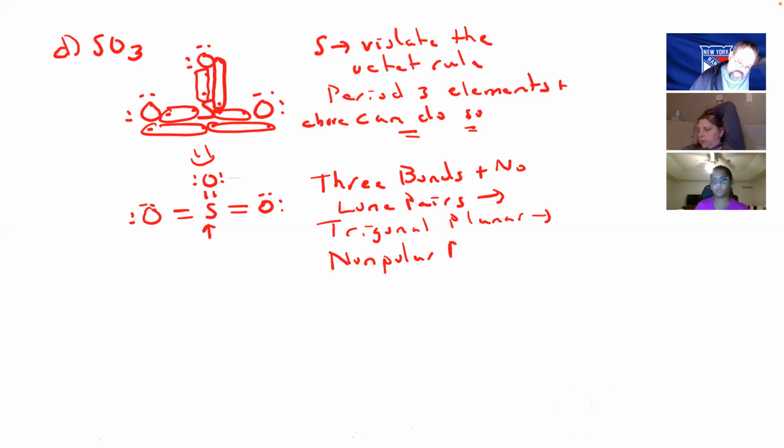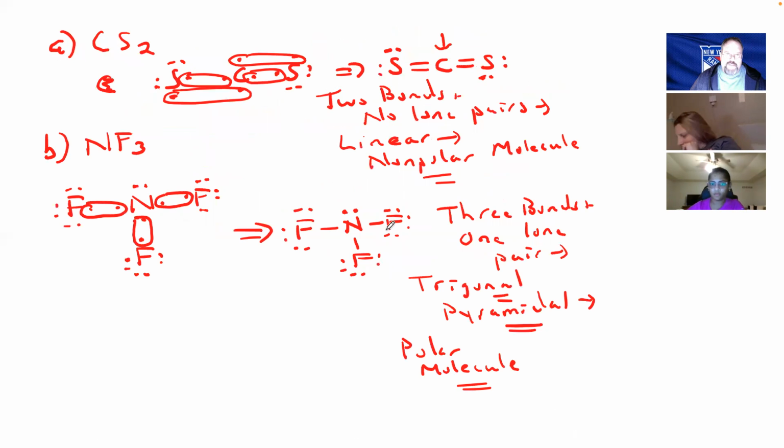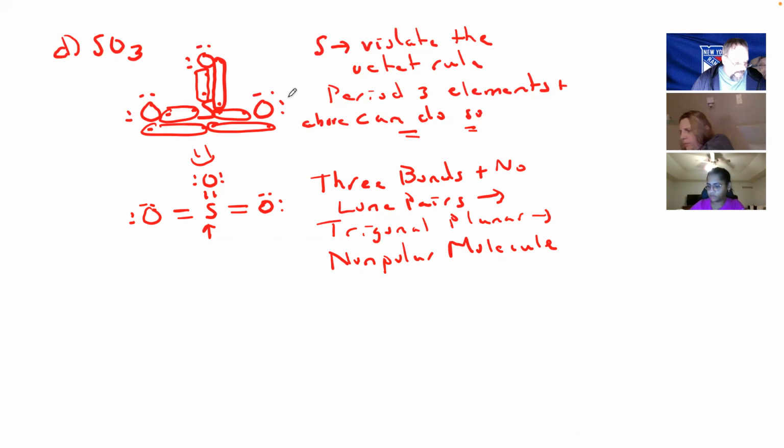You're dealing with a non-polar molecule. So that's how you'd have to figure it out. And I wouldn't worry so much about something like SO3 where the sulfur has 12 valence electrons. If you're okay with going up to the 8 like we saw in the first 2 examples, I think you'll be fine.